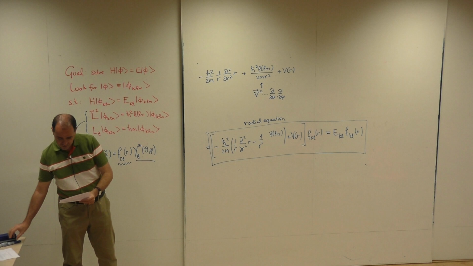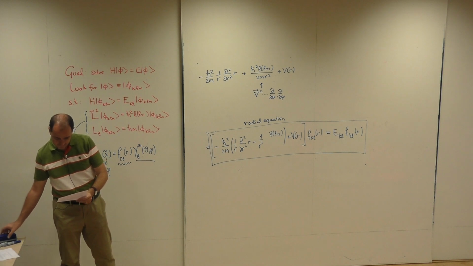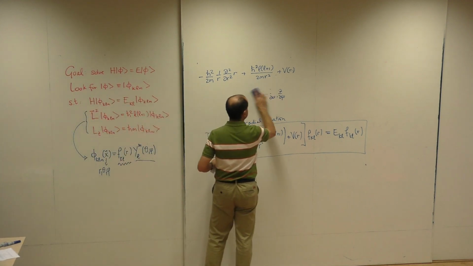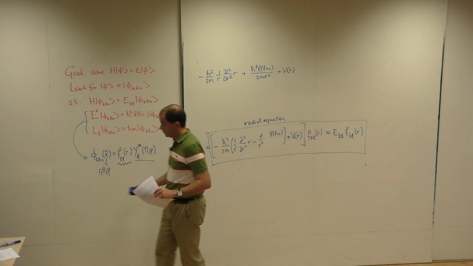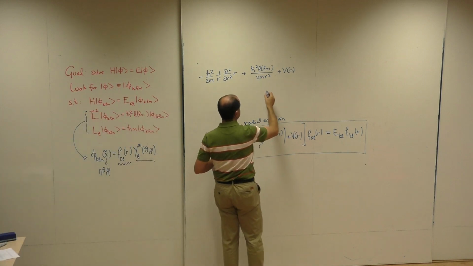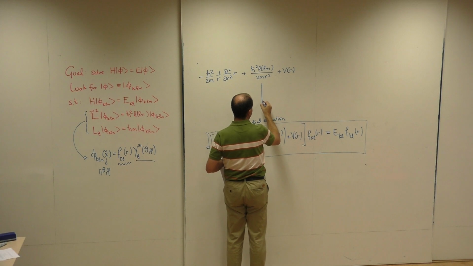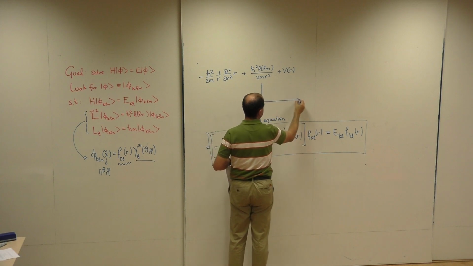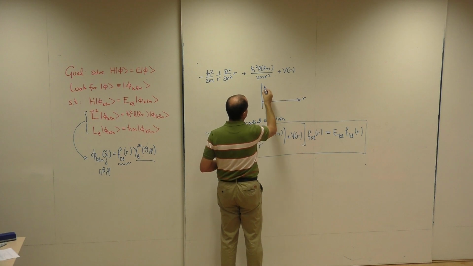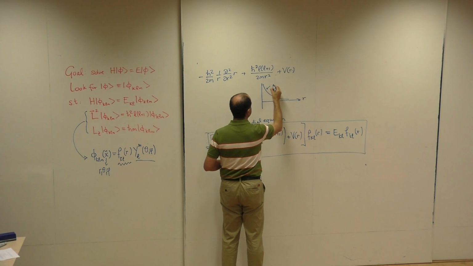Well, if we do a drawing, this one as a function of r is something like this, and here it goes like 1 over r squared.